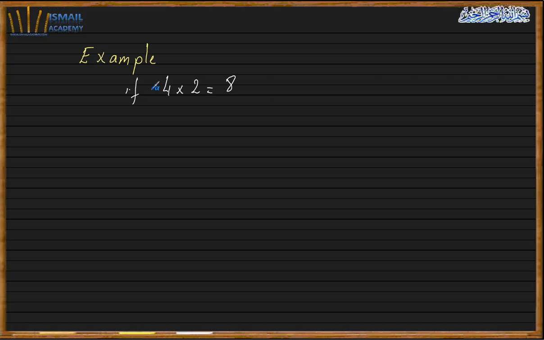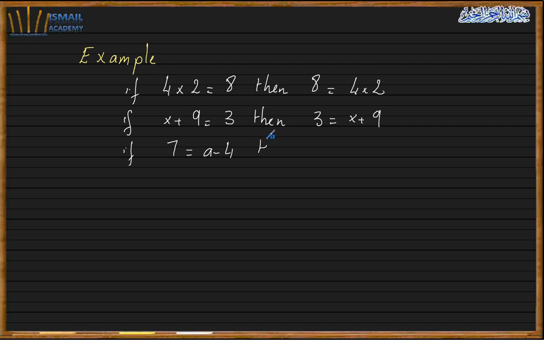If 4 times 2 is 8, then we can say that 8 is 4 times 2. If we have, for example, x plus 9 equals 3, then I can say 3 is equal to x plus 9. If 7 equals a minus 4, then a minus 4 equals 7. It's like a mirror. It's the same thing, there's no difference.